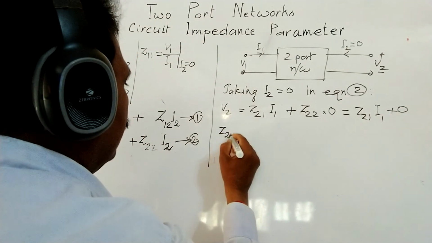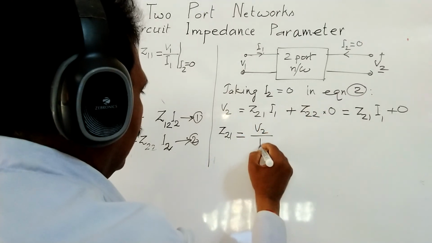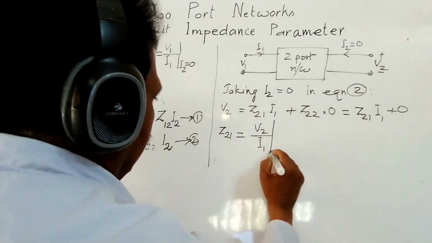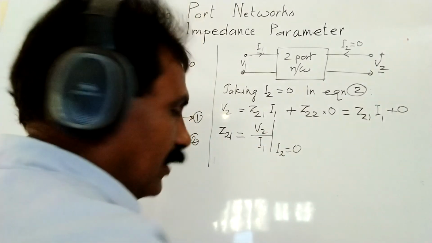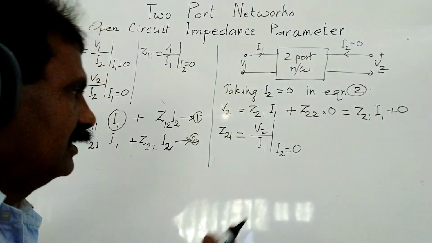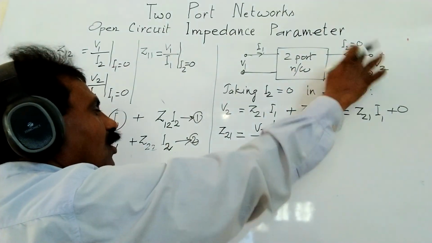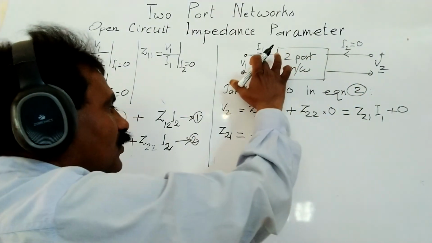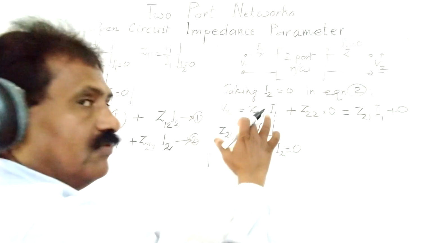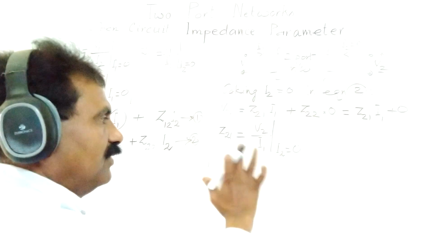And now Z21 is V2 by I1, and we have obtained this value when I2 was 0. Then let us see here again. Here V2 is the voltage of the output port and I1 the current of the input port, so this is the ratio of voltage and current, then obviously this is an impedance parameter.